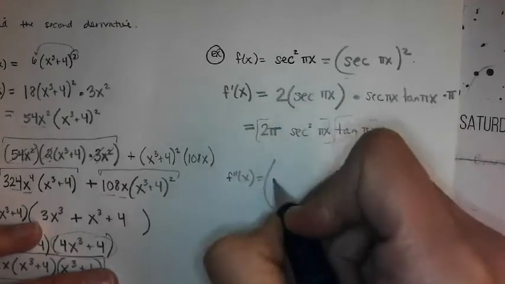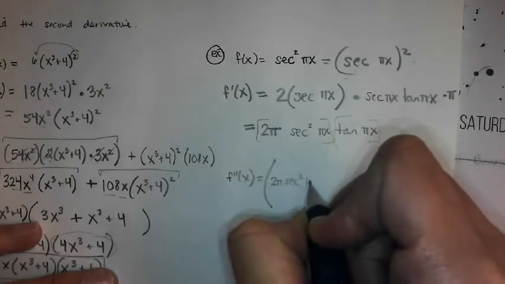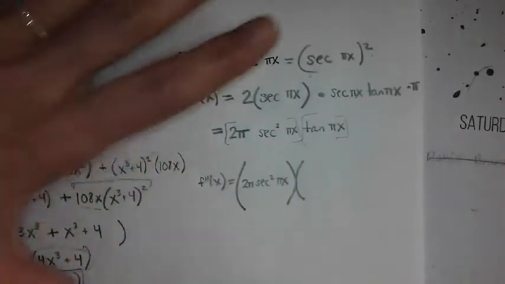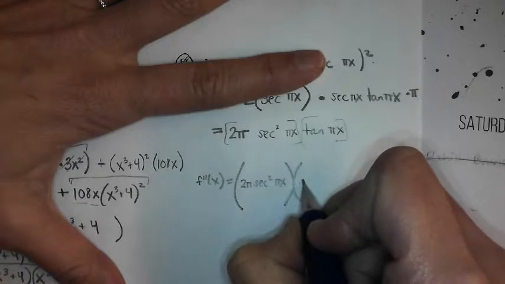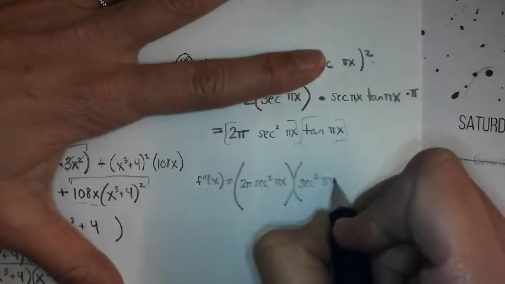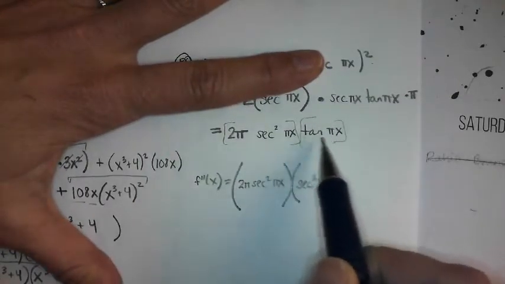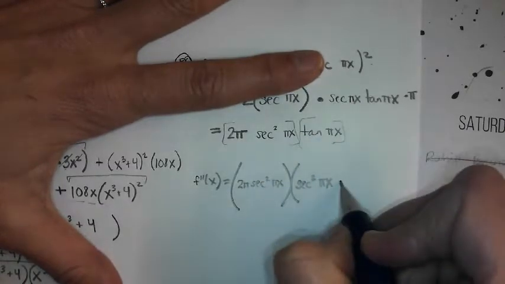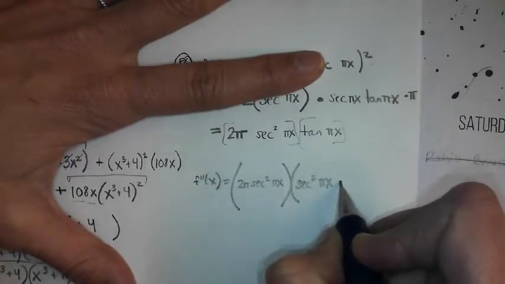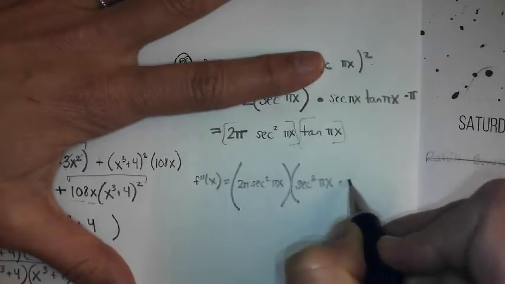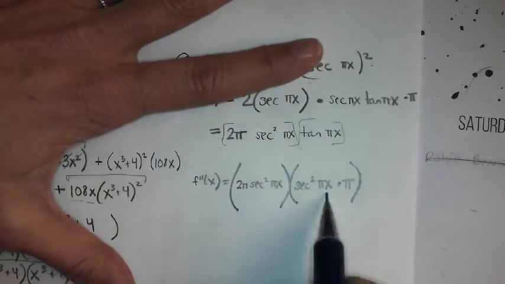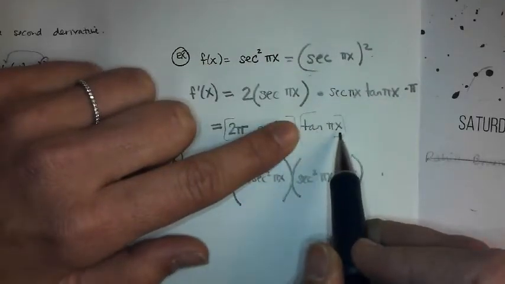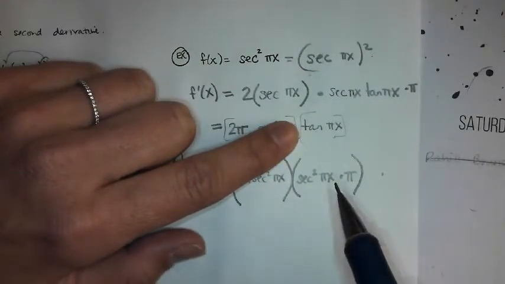So we have our first times the derivative of tangent, which is secant squared of pi x. But there's a chain rule there, because what's inside of the tangent is pi x and the derivative of that is pi. So there's my first times derivative of the second, because I'm taking more than just the tangent of x.